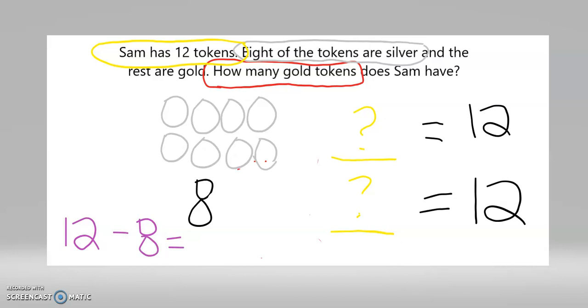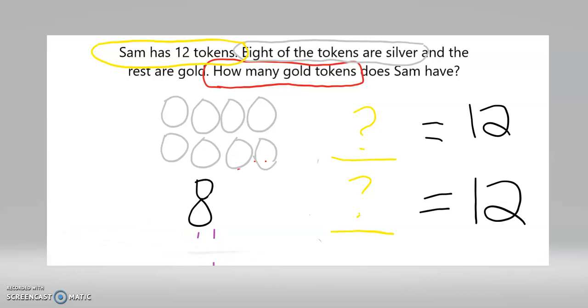Well, we can count up. 9, 10, 11, 12. I have 4 fingers up. So 4 fingers or 4 jumps on the number line also got me up to 12. So again, different strategies. That's why having a knowledge of our fact families is really going to help us here.